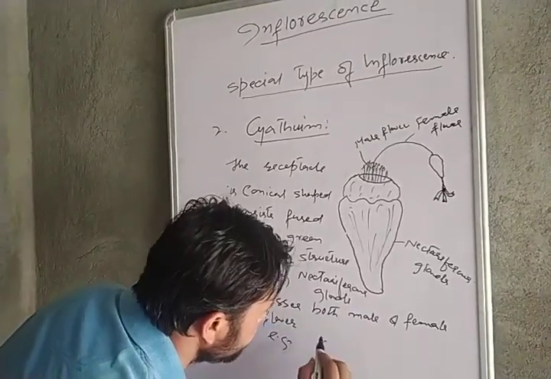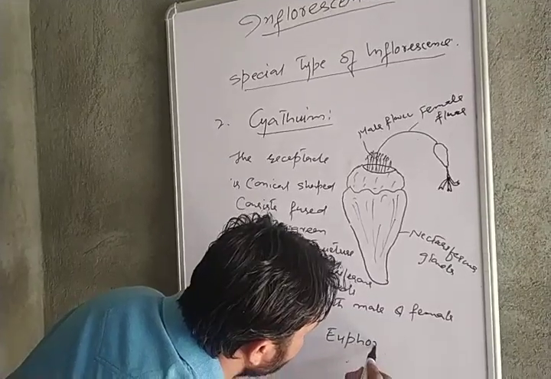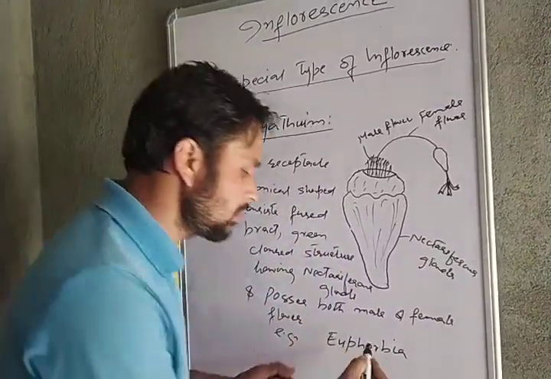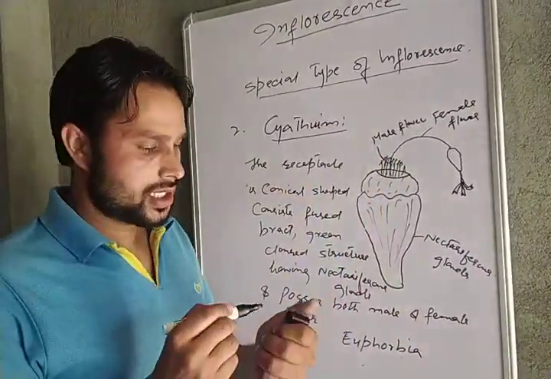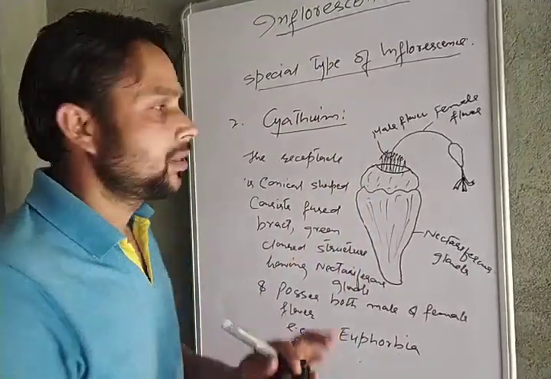Its example is Euphorbia hereditae or the Euphorbiaceae family. All the Euphorbiaceae family comes under the Sethium inflorescence. Okay, this was about Sethium type of inflorescence.